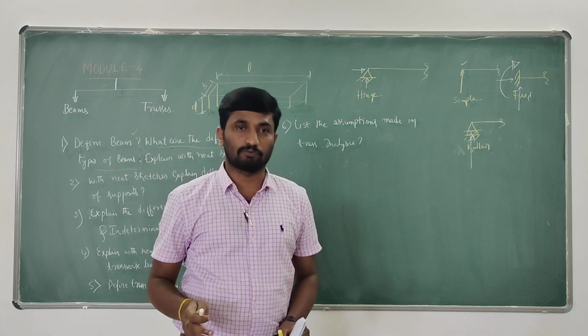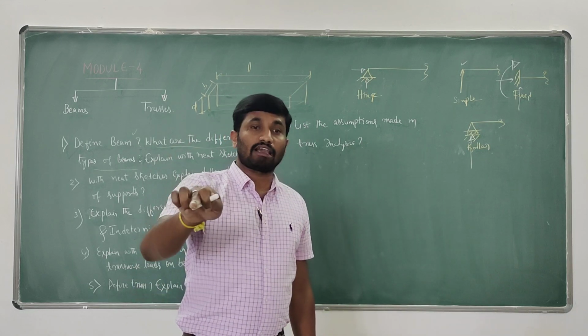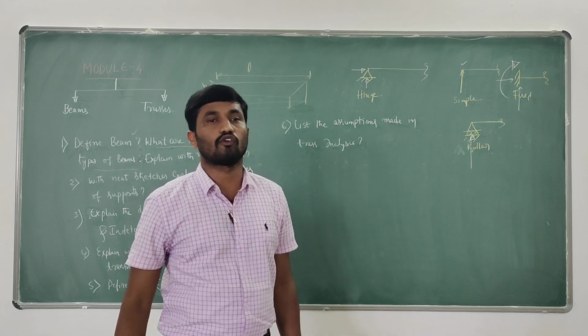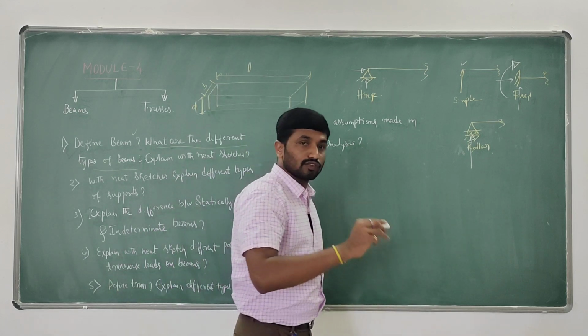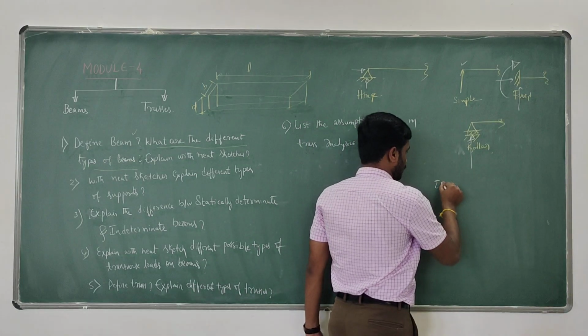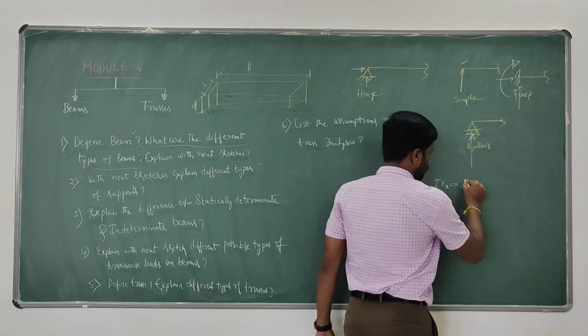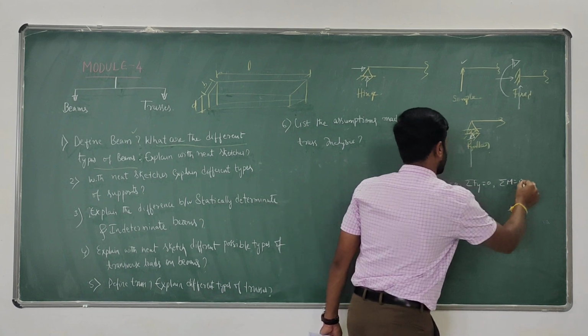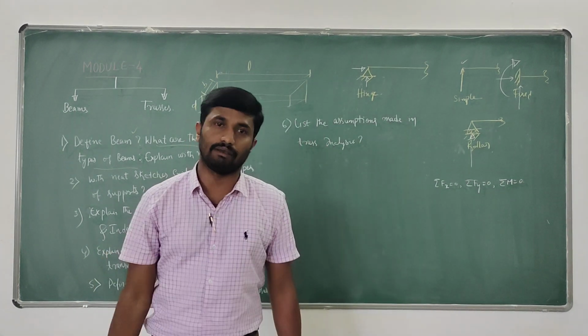What are the different types of beams? The beams are also classified depending on equations of equilibrium. What are the equations of equilibrium? Sigma Fx equals 0, sigma Fy equals 0, and sigma M equals 0. There are three equations of equilibrium.